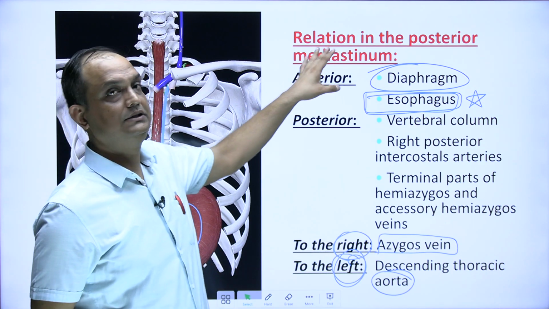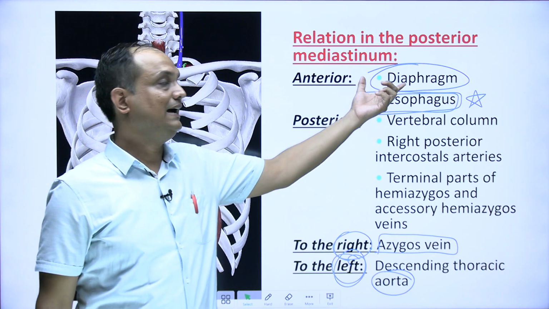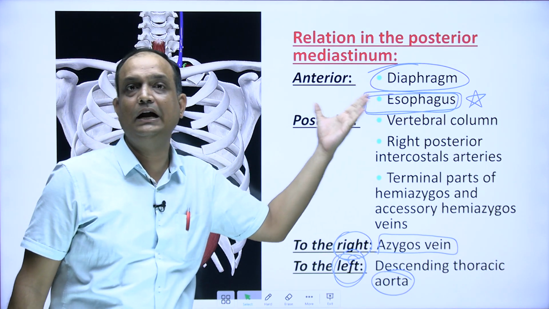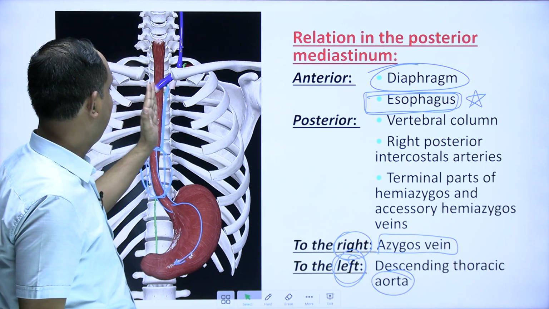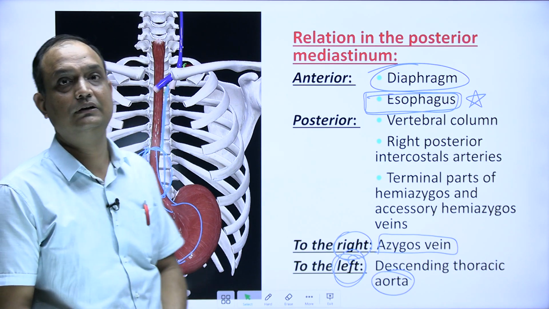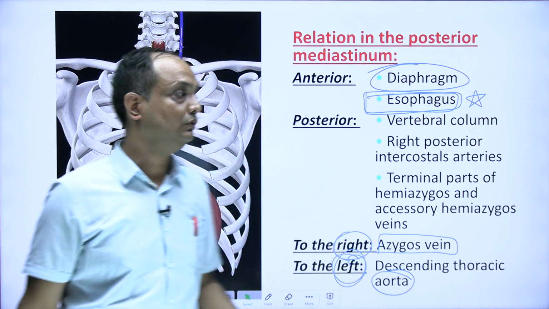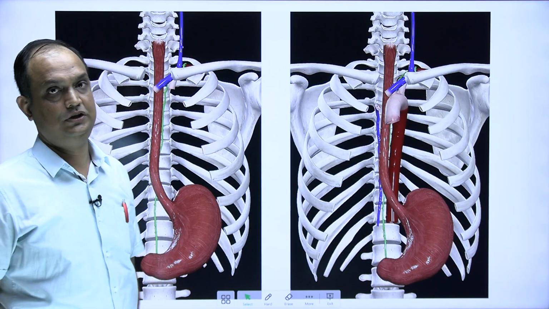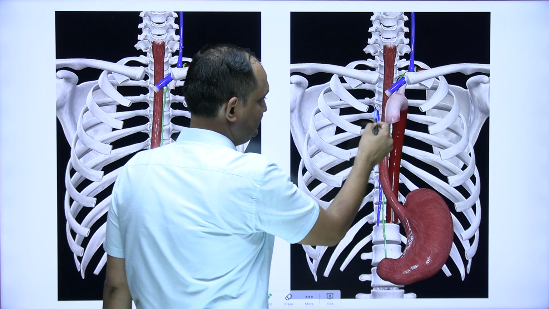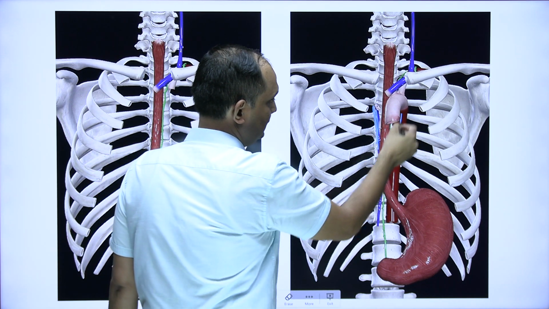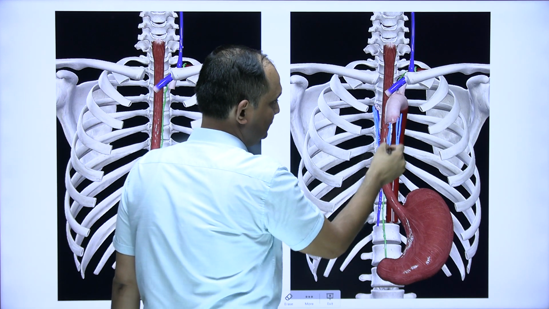In the posterior mediastinum, the anterior relations are the diaphragm and esophagus, which are more prominent in the lower part, because the esophagus has the thoracic duct on its left in most of its course. Now, in this image you can see again this is your azygous vein, and this is your aorta. And here you will have the thoracic duct.